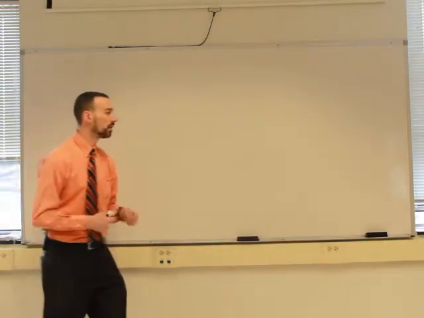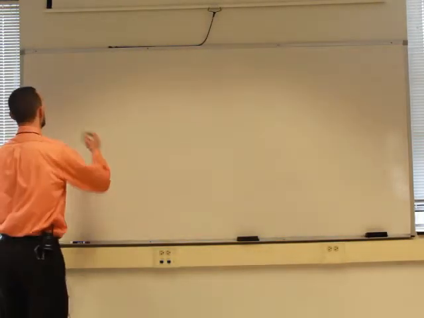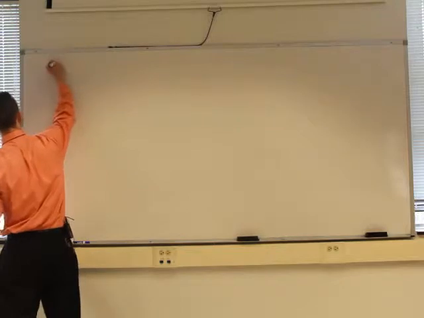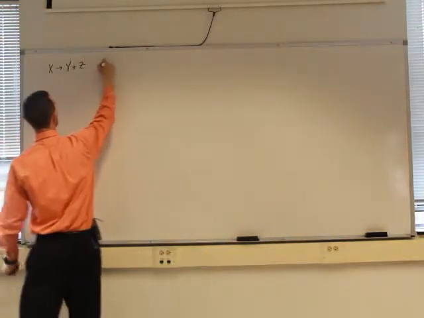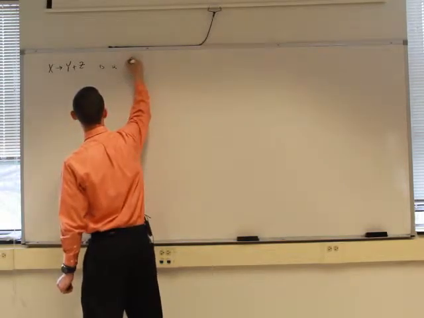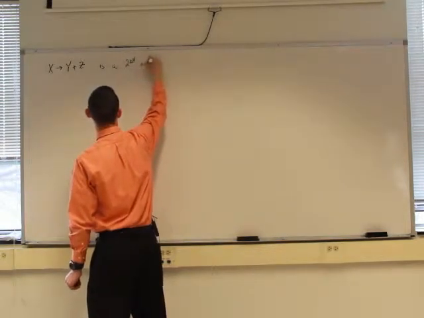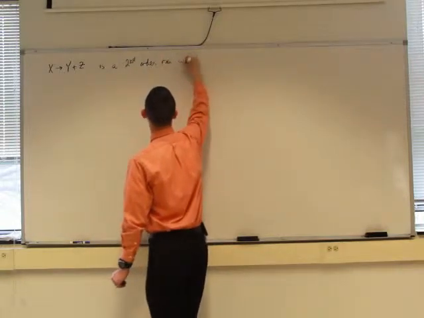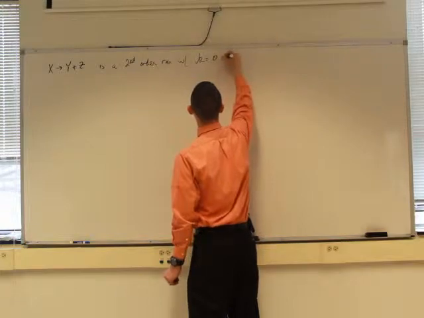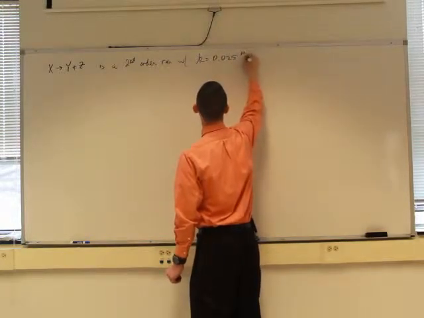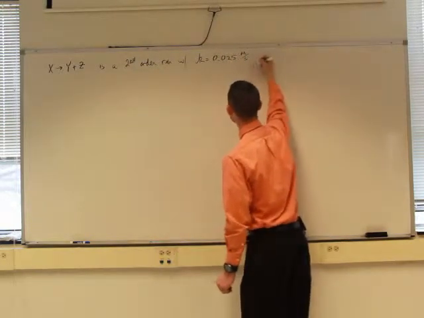Okay? So, all right. Let me set up a couple of examples for how we might use these integrated rate laws. Okay. I'm just going to use a generic reaction. Let's say x to y plus z is a second order reaction with k equal to 0.025 molar per second. Okay.